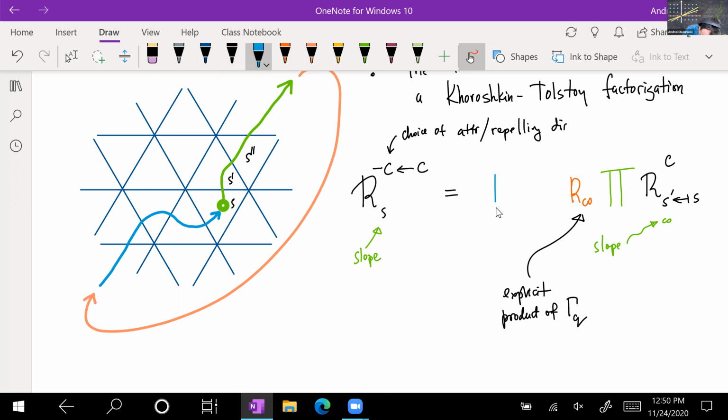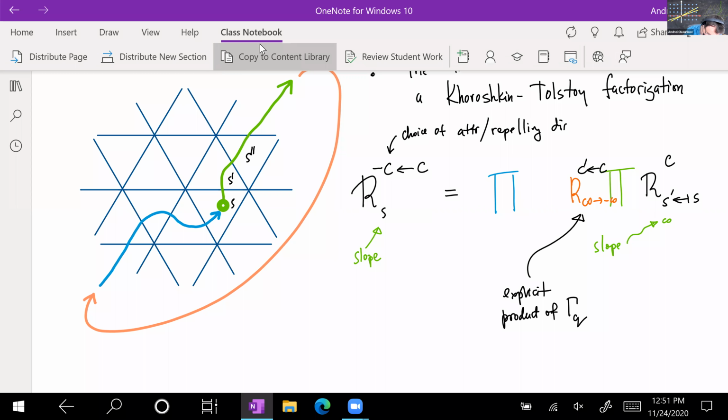And then you come from infinity. So here this R matrix changes, goes from infinity to minus infinity, and then from the cone to the minus cone. And then here you come back.